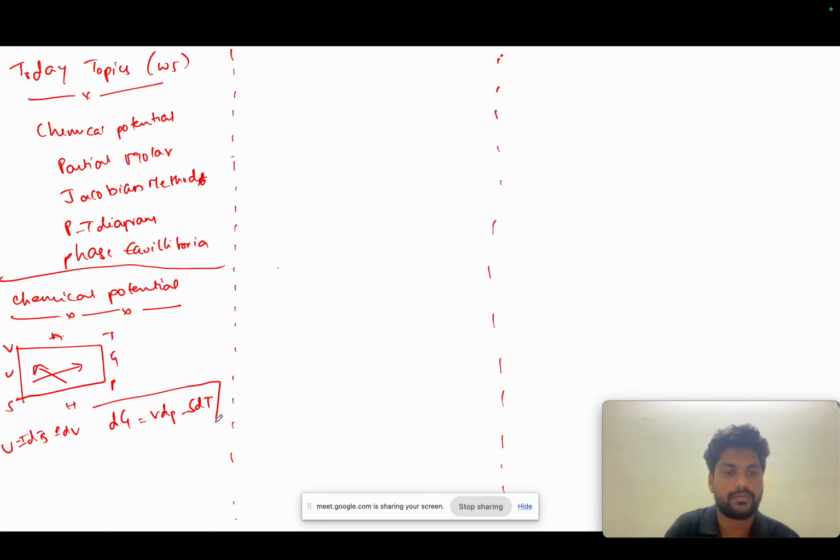We will derive everything from the Gibbs energy, because the Gibbs energy has temperature and pressure, which is the normal equation of state with P, V, T. It will be easy to calculate for the Gibbs energy with temperature and pressure. So we know that dG equals VdP minus SdT.